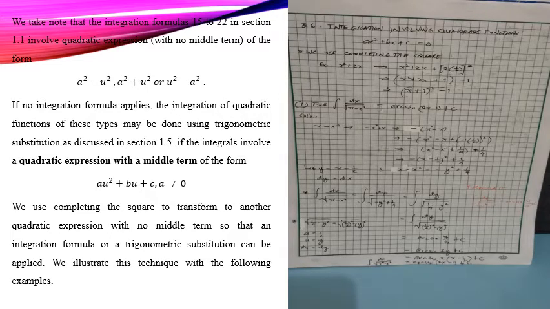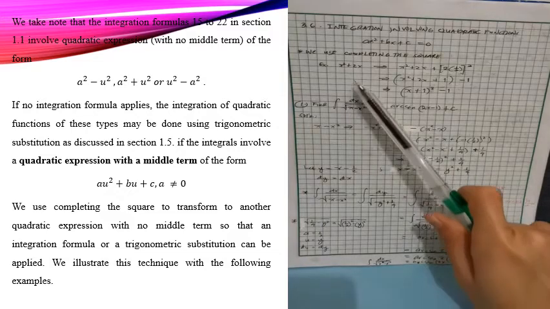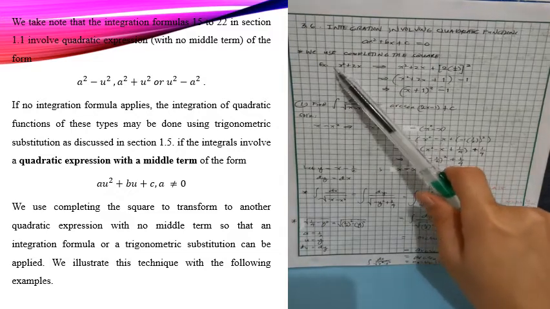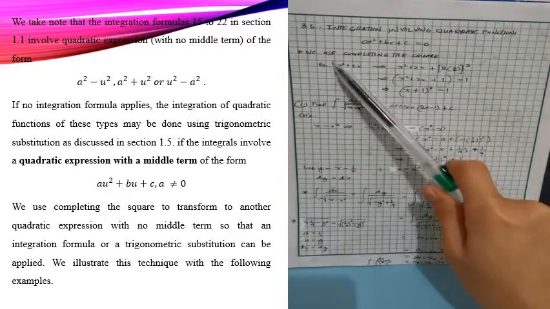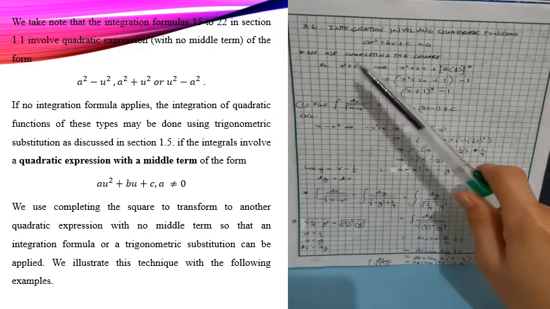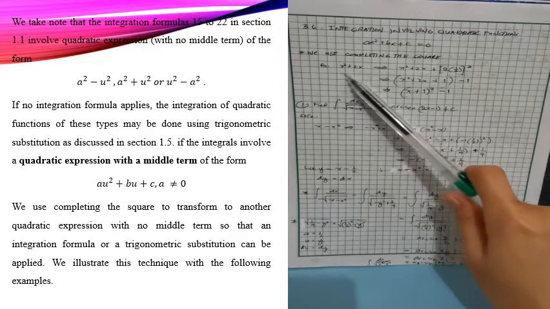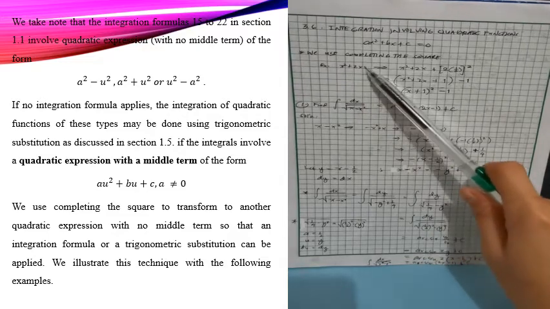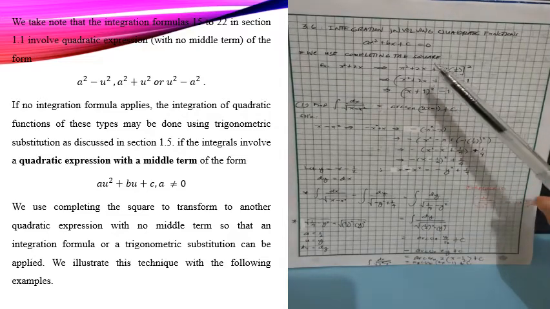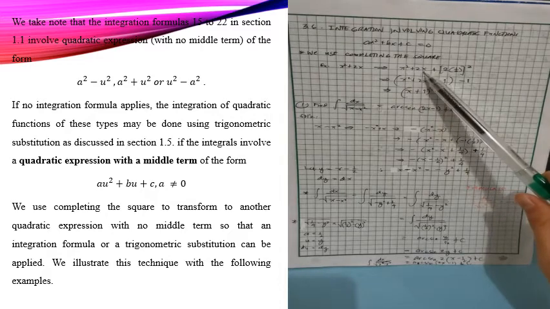Okay, so we use completing the square here. For example, x squared plus 2x. So, para makuha natin yung factor niya or para maging perfect square trinomial siya, kailangan gamitan natin to ng completing the square.